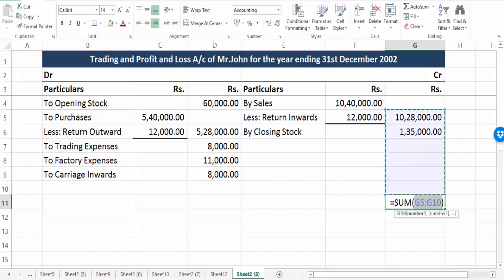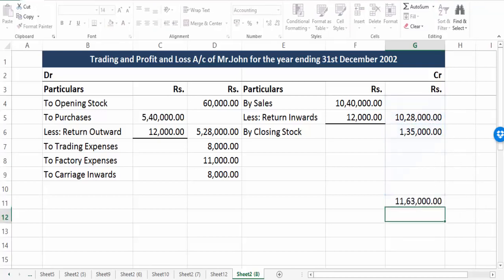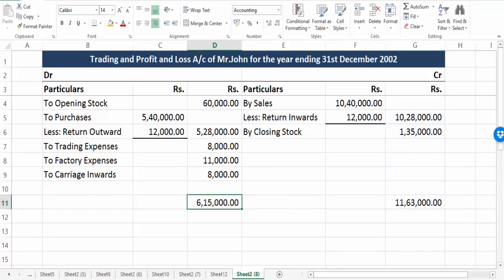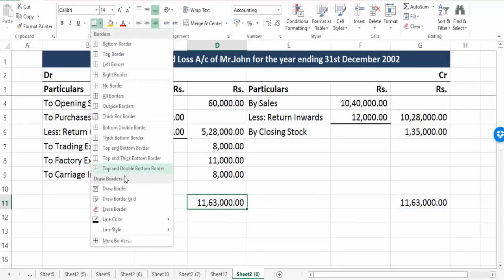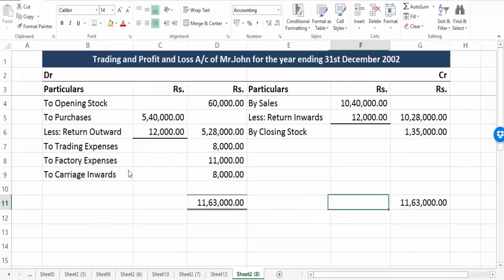So now we'll try to see in which side we have higher total. Let me do the totaling. On credit side, total is 11,63,000. On debit side, it is 6,15,000. So credit side we have higher total. So this should be totaled. Now we have to find out what is the balancing figure, because we know the balancing figure is on debit side.